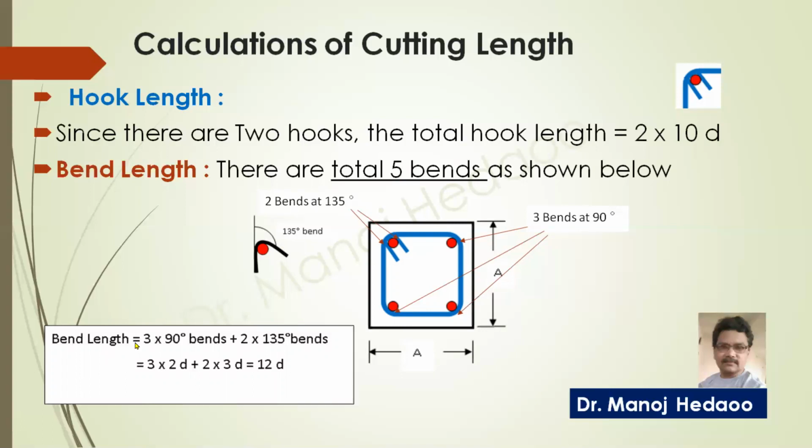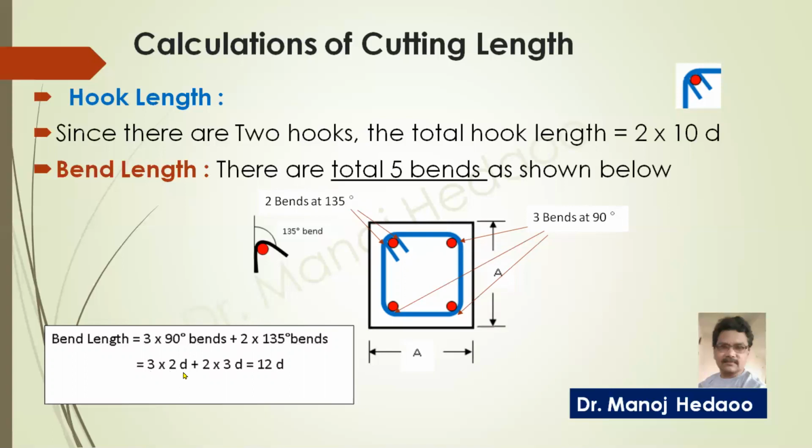So bend length is equal to 3 into the increase in length for a 90-degree bend. How many numbers are there? 3 numbers. So 3 into the 90-degree bend plus 2 bends at 135 degree. For 90-degree bends, we have to consider twice d, 2d, as the increase.